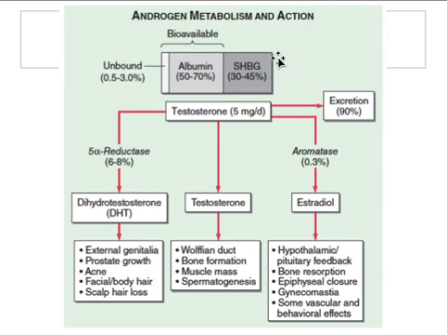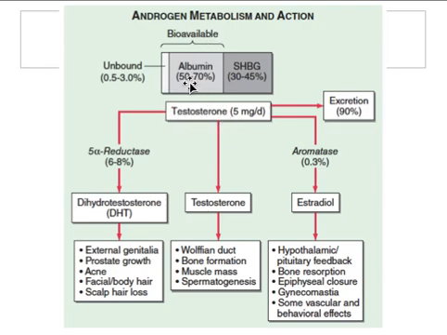So, as I mentioned earlier, a portion of your androgens will be bound to albumin or your sex hormone binding globulin, and a small amount will be your free hormone, mostly your free testosterone.